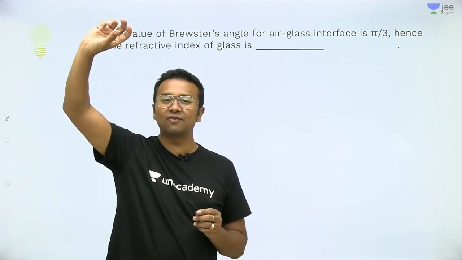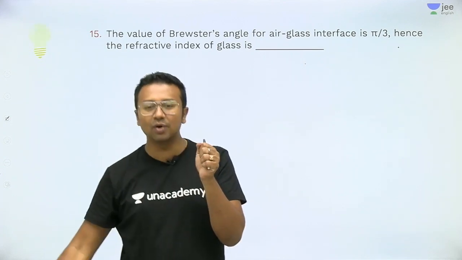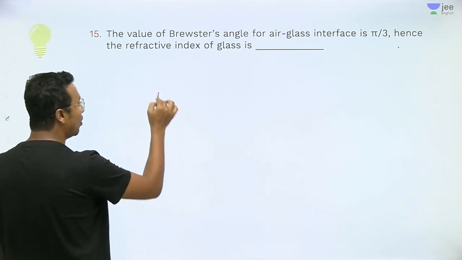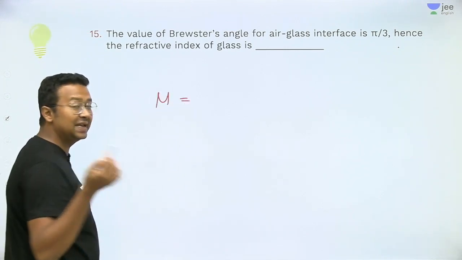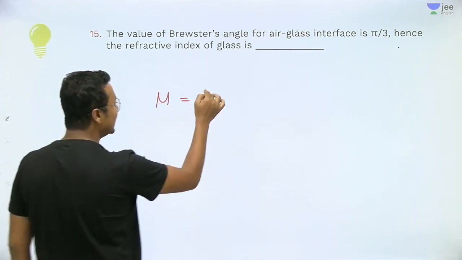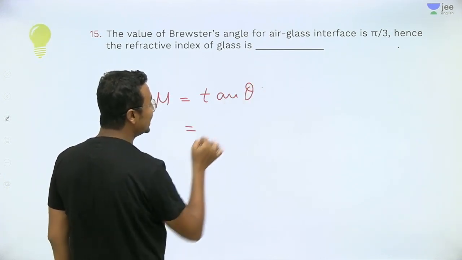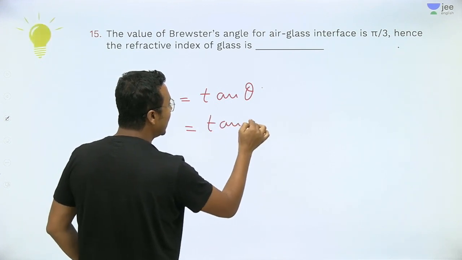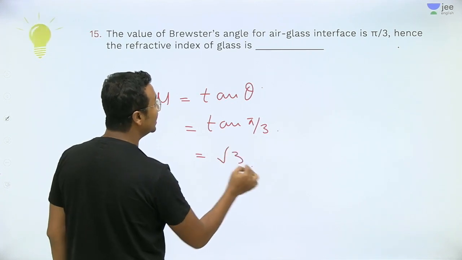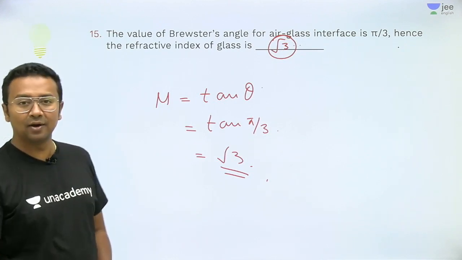The part which gets reflected will have light oscillating in a different plane as compared to the ones which are getting refracted. From there we had the formula that refractive index of the material of the slab through which the light gets refracted is given as mu equals tan of the Brewster's angle, that is pi by 3. So tan of pi by 3, tan 60, is equal to root 3. That is the refractive index of the material.